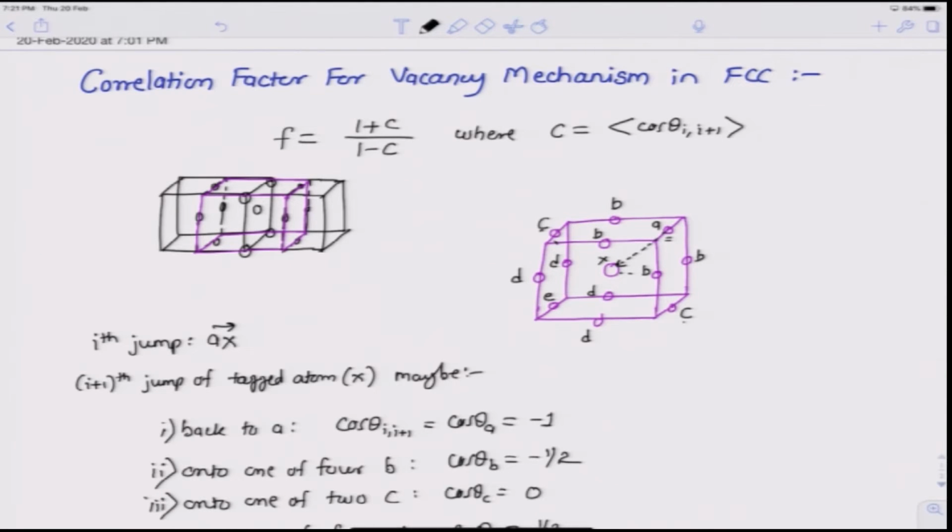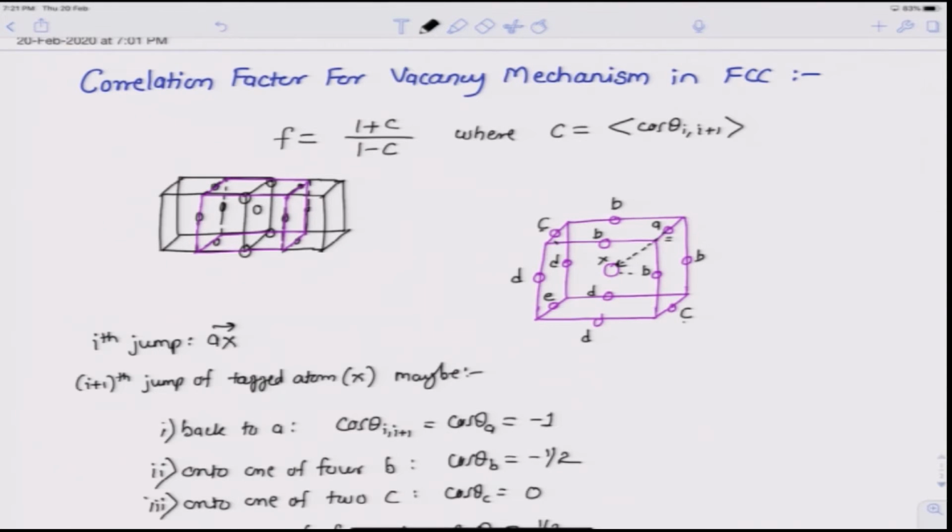If the X exchanges with a different vacancy before this vacancy at A comes back to one of the nearest neighbor sites, then the correlation effect is lost. We say that vacancy is lost, and the second jump of X was again a random jump, because a fresh vacancy has arrived randomly and it has already exchanged with the fresh vacancy. So, we need to only consider the exchanges of X with the same vacancy.